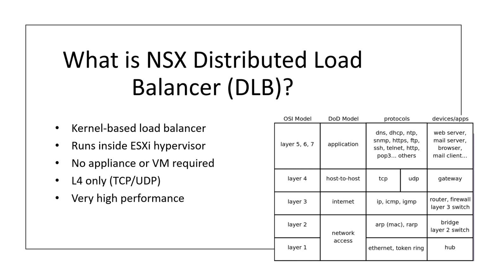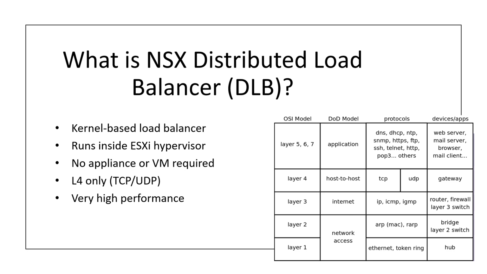In layer 4, it uses protocols called TCP and UDP. Layer 4 means the load balancer looks only at the IP address and port number. That's it. It does not look inside the application data, and it does not understand HTTP URLs, headers, or cookies.